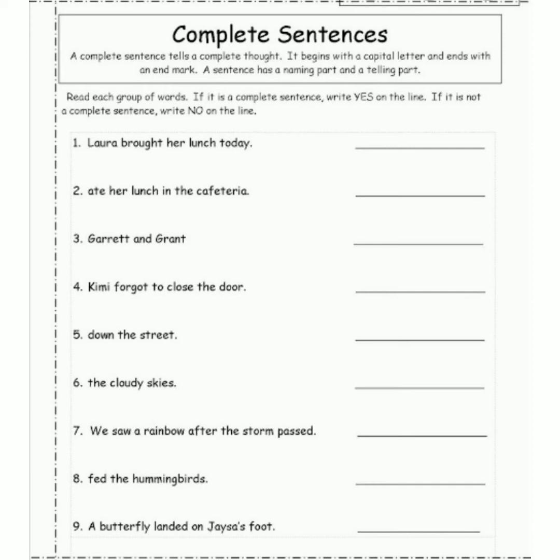If not, then you write no on the line. Take for example, the first one, Laura brought her lunch today. In this, the first letter starts with L, a capital letter, and it ends with a full stop, and it gives you the full complete meaning to understand.